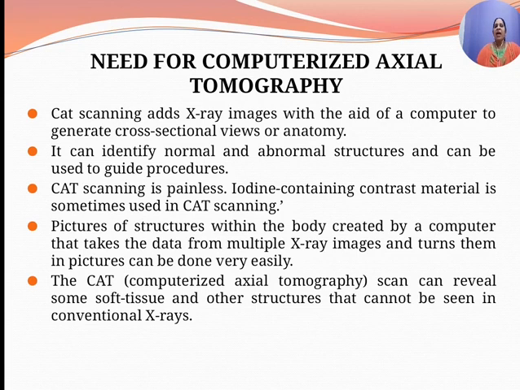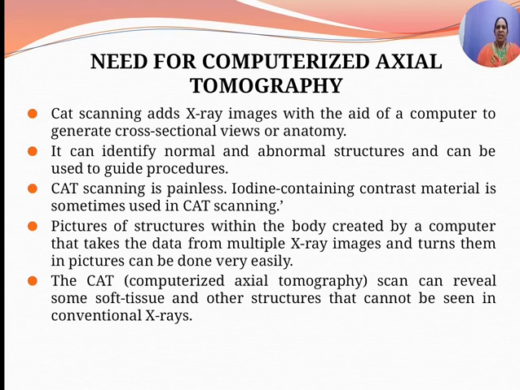So CAT scanning adds X-ray images with the aid of a computer to generate cross-sectional views of anatomy. It can identify normal and abnormal structures and can be used to guide procedures. CAT scanning is painless. It is a non-invasive method, and iodine-containing contrast material is sometimes used.